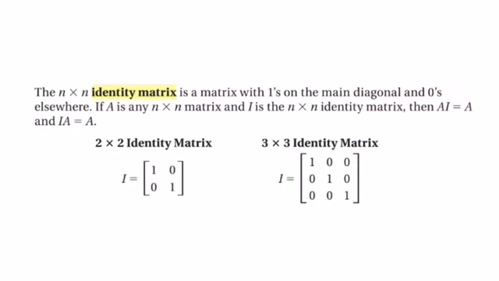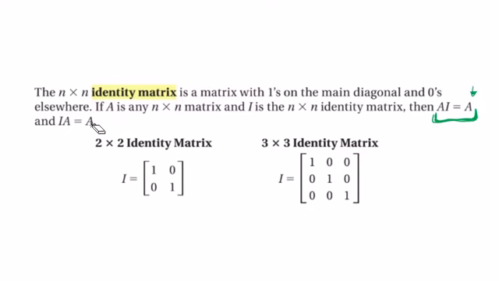The n by n identity matrix is a matrix with ones on the main diagonal and zeros everywhere else. Going from top left all the way to bottom right, you can see these ones, and then I have zeros everywhere else. That is called the identity. The reason it's called the identity is because if I multiply it by any matrix, that matrix remains the same, whether it's on the right or on the left.